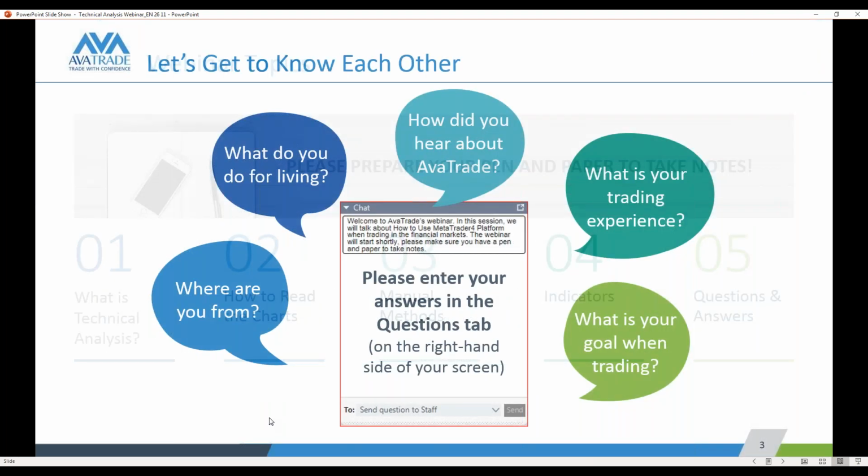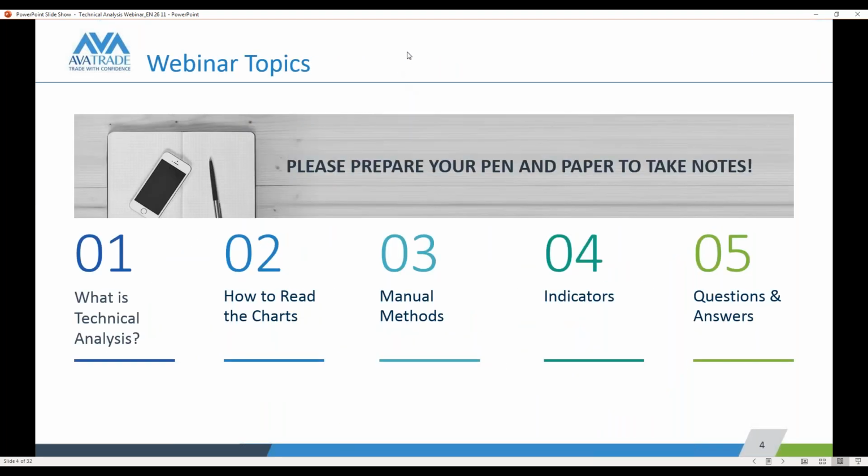Now, as we go forward, keep in mind there are a couple different ways that you can use technical analysis. We'll be leaning on the manual methods of technical analysis in today's webinar, drawing our own lines, finding our own price levels. Hello, Lexington, welcome. And we won't be making use of any indicators today, although indicators can be helpful to let you know when something is overbought or oversold.